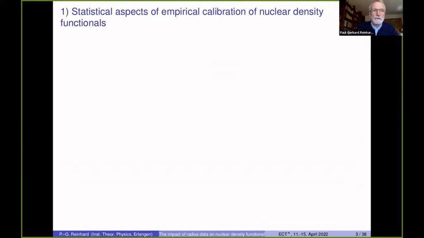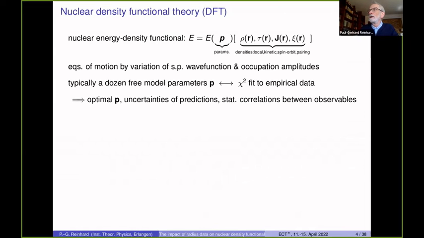First, a little bit of theory, not too much, hopefully. We have a nuclear density functional theory, quite general. You have a functional for given model parameters, which depends on the density, kinetic density, spin-orbit density, and pairing density. Once this is given, you derive equations of motion variationally.